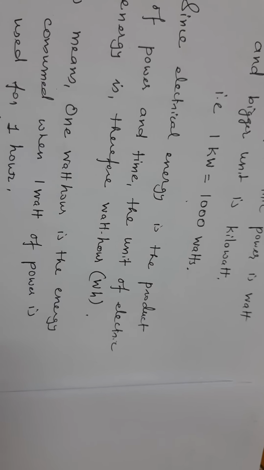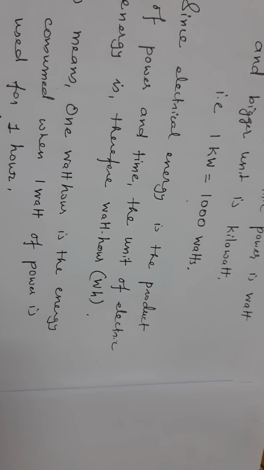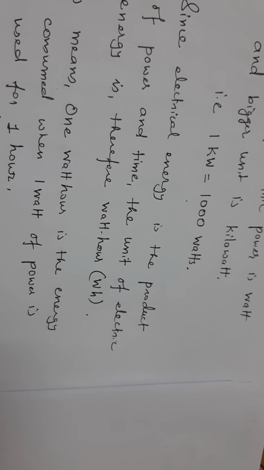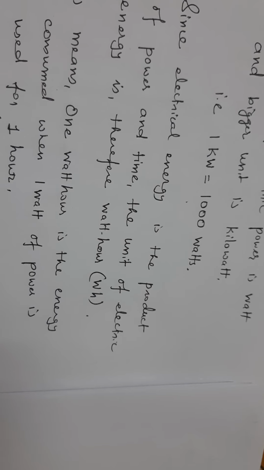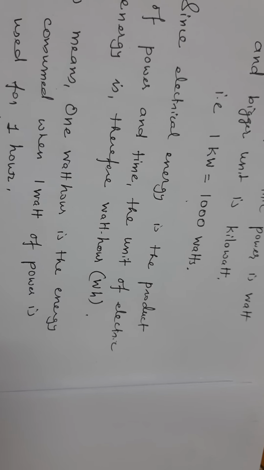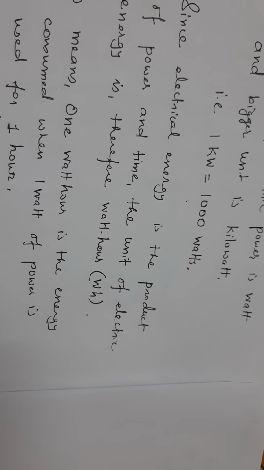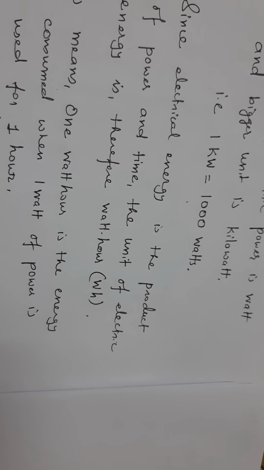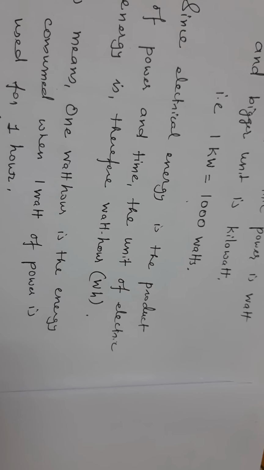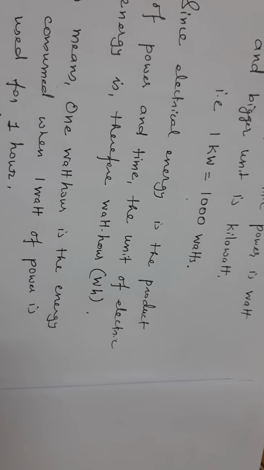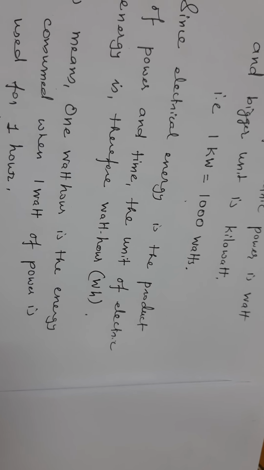When we say half kilowatt, it means if that motor is allowed to run for 1 hour, the power consumed will be half kilowatt hour. If it is of 1 kilowatt, then if it is kept on for 1 hour, the consumption will be 1 kilowatt hour. Now do remember 1 kilowatt hour, that is the unit.